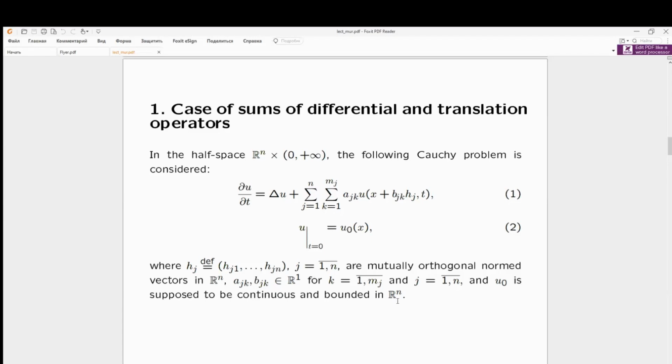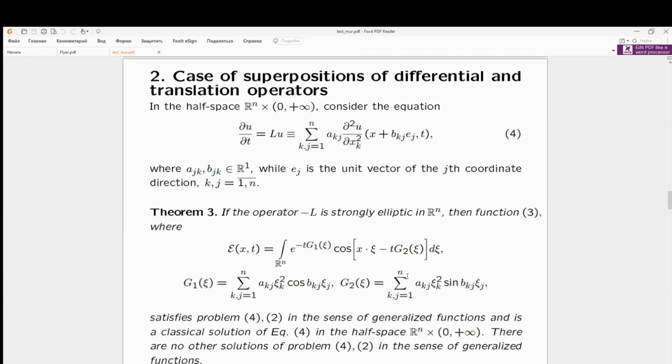Let me get forward for a moment. Another case is an equation of this type. You see, here we have the superposition of differential operators and translation operators.